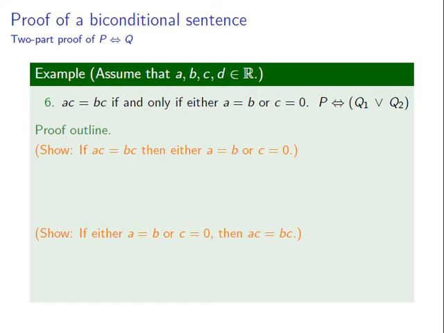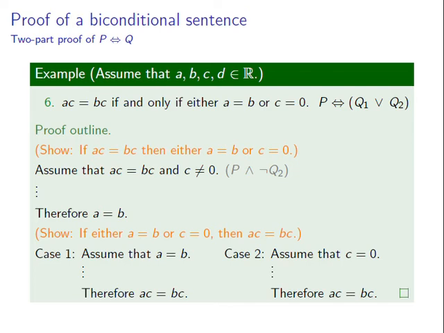The statement if AC equals BC, then either A equals B or C equals 0 is a conditional sentence whose consequent is a disjunction. Thus, a possible direct proof begins by assuming that AC equals BC and C is non-zero, and deduces the statement A equals B. The statement if either A equals B or C equals 0, then AC equals BC is a conditional sentence whose antecedent is a disjunction.